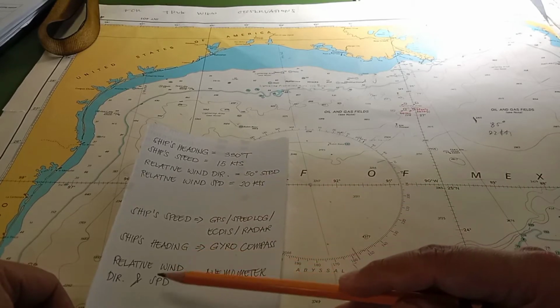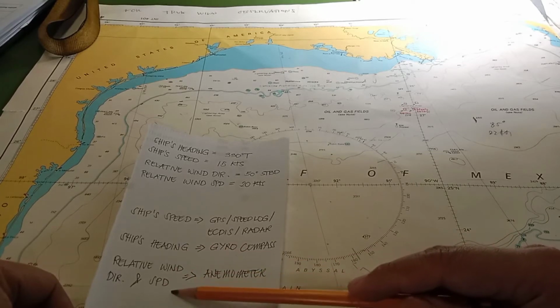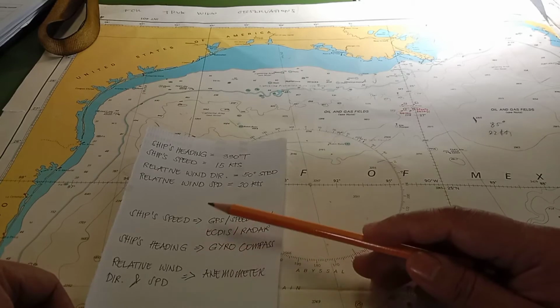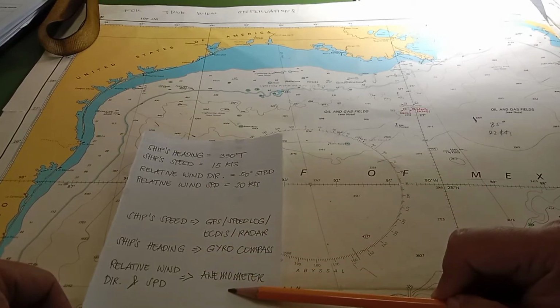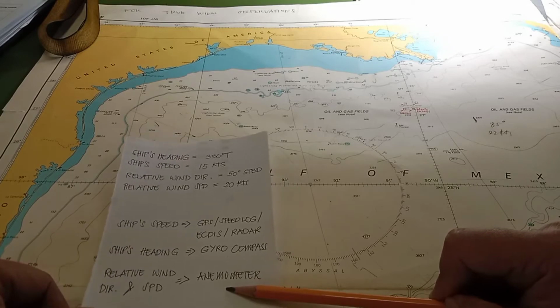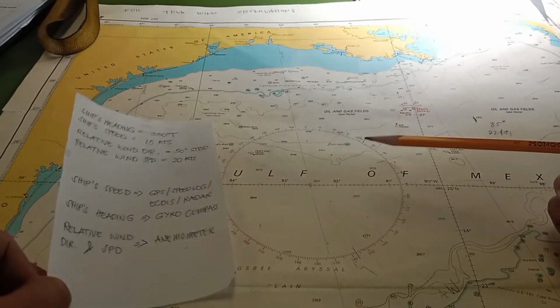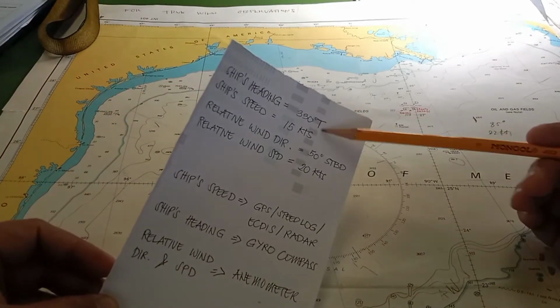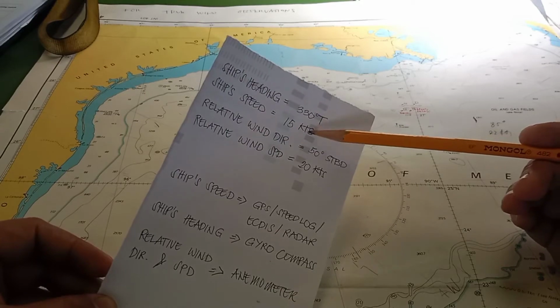For the relative wind direction and relative wind speed, we have the anemometer. I have shown you already what the anemometer is. Let's plot the ship's heading first, and then the ship's speed.